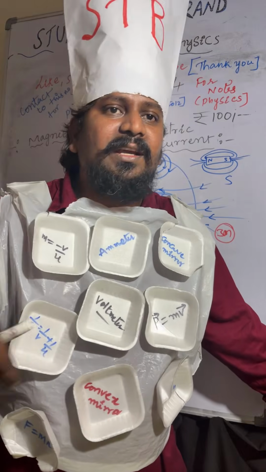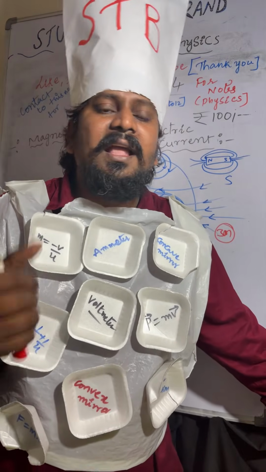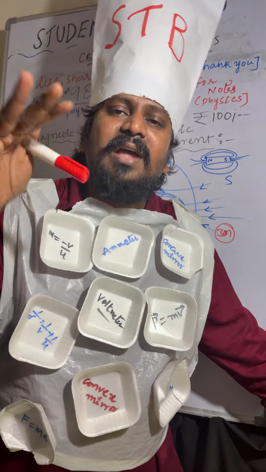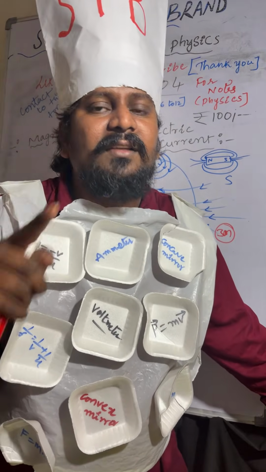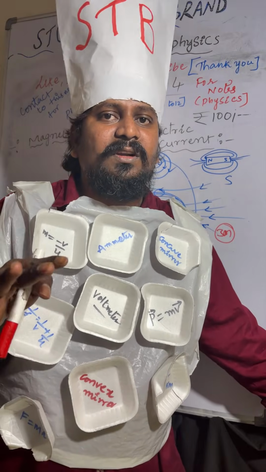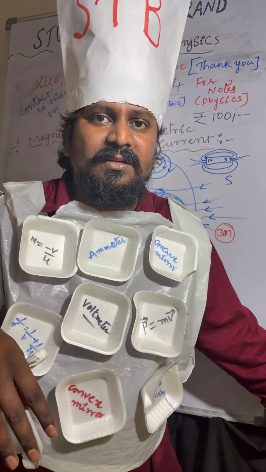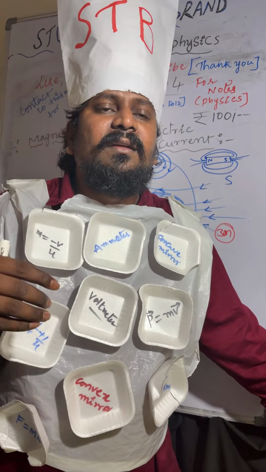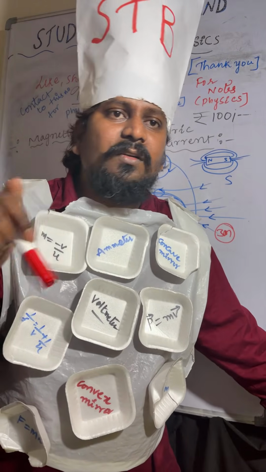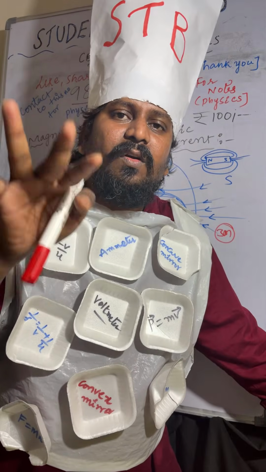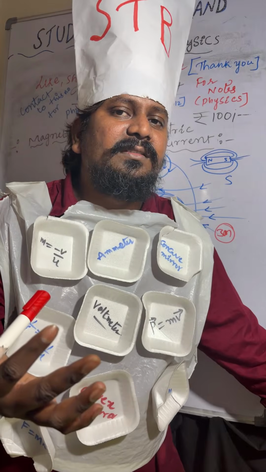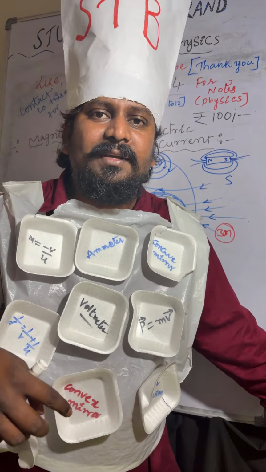See the direction of the current. Place the right hand along the direction of the current and wrap the fingers. As I said, imagination is very, very important. In which direction is the current passing? Place the thumb along that direction and fold the curly fingers. Along the folding fingers, the magnetic field direction will be there.